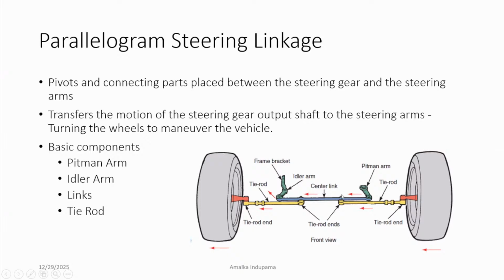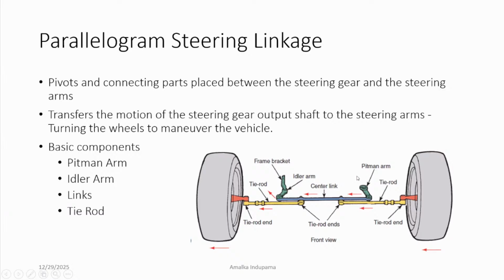When we focus deeply on the configuration here, you can see a few common components. Here we have our pitman arm, which connects the center link to the steering gearbox. Here we have a steering gearbox, though that part is missing.